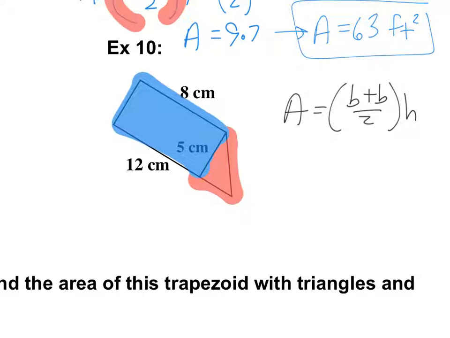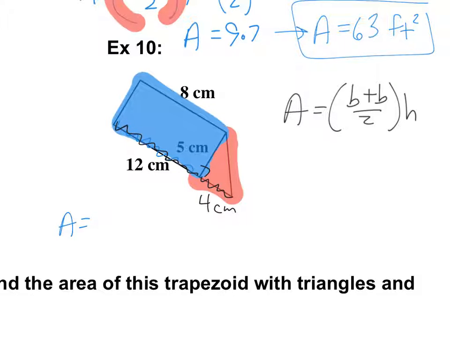What we need to think about is this is 8 from here to here. So how big do you think the rest of that triangle is? That's right, it's 4 centimeters. Thank you so much, ladies and gentlemen, for participating. So you can use that 4 and the 5 to find the area of the triangle. For the blue rectangle, the area is 12 times 5.